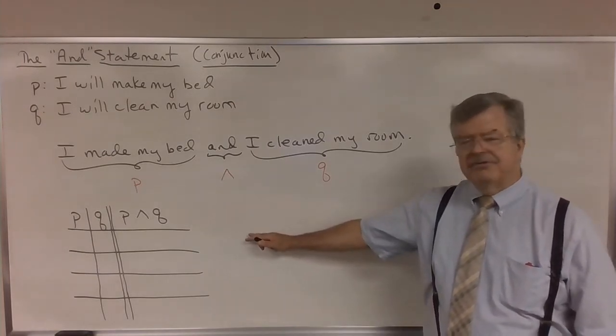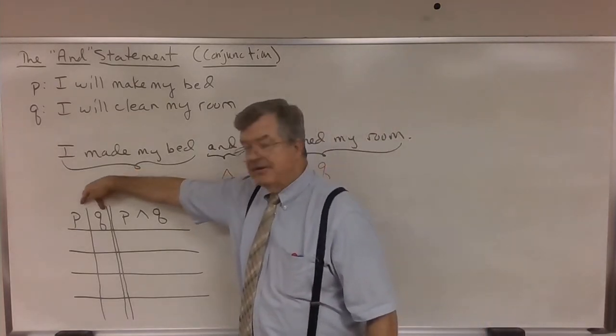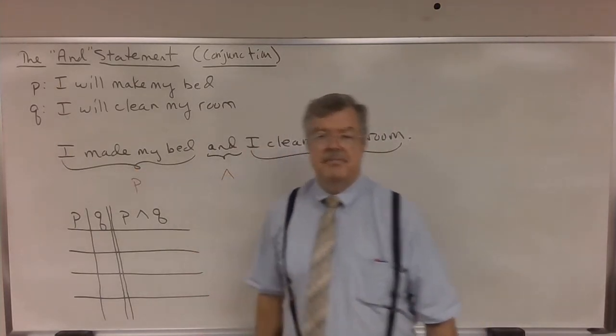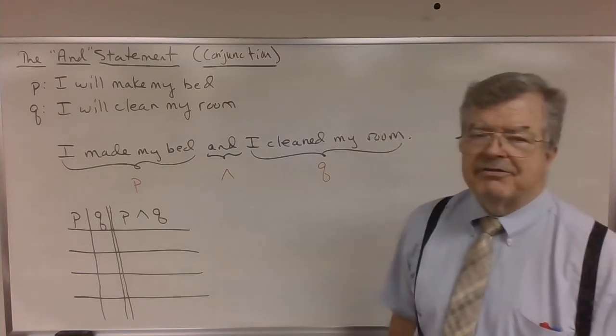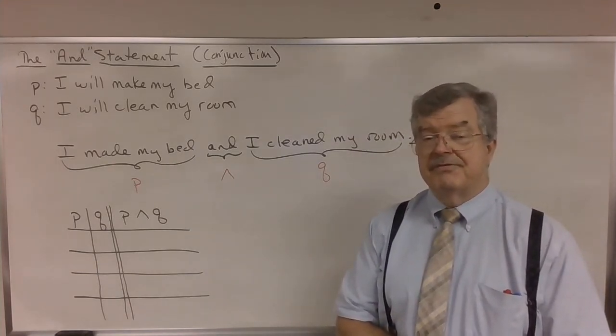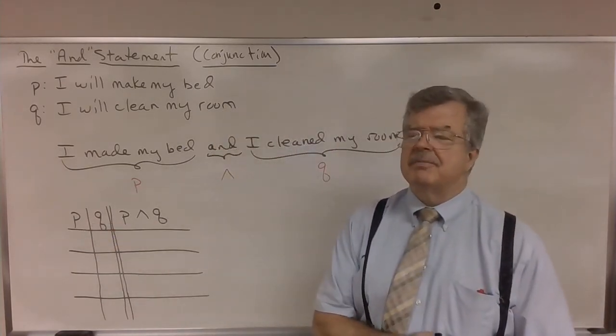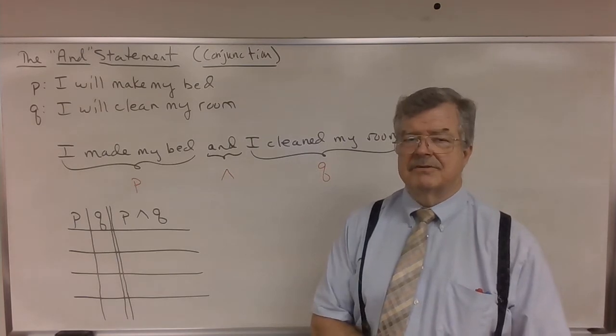Let's fill in this truth table. And again, for the simple statements P and Q, we want to make sure that we list every possible combination of truth values for P and Q and list each possible combination exactly once.